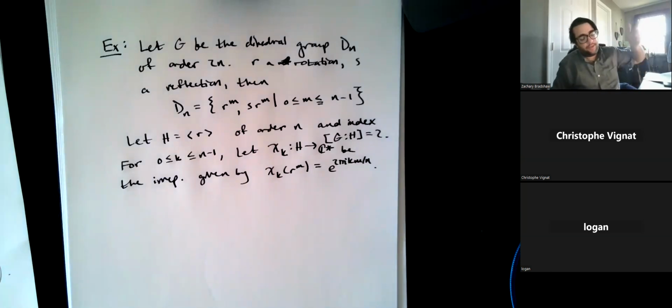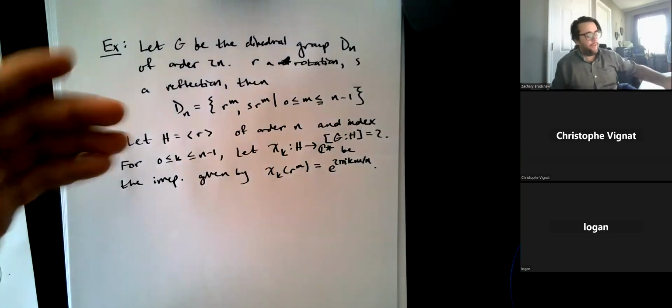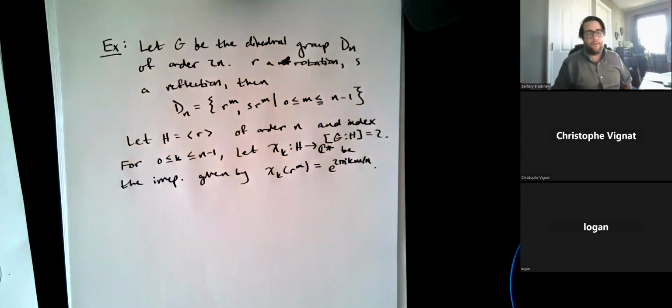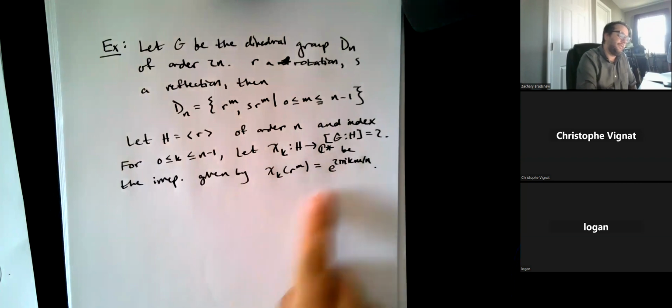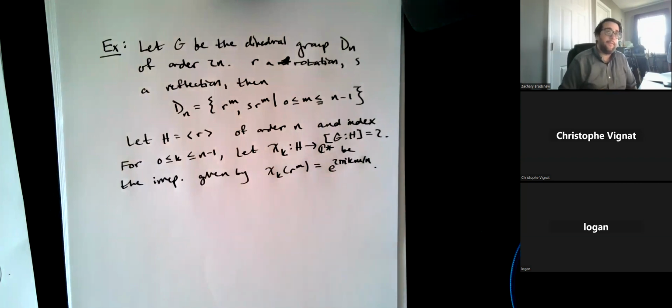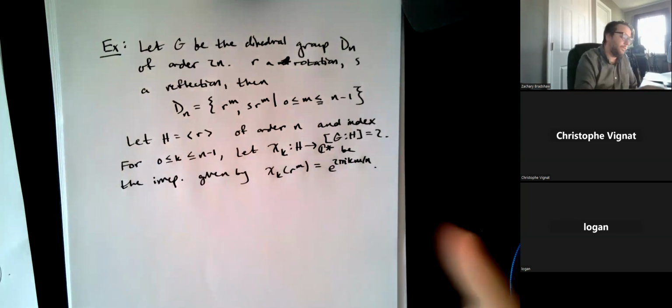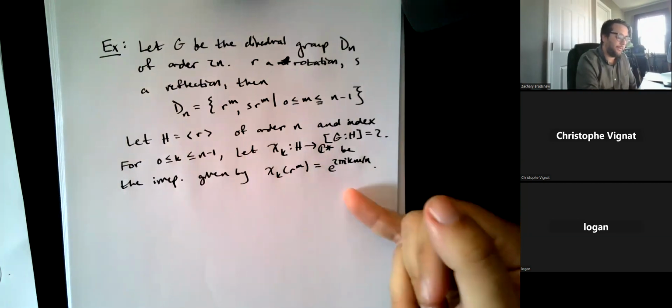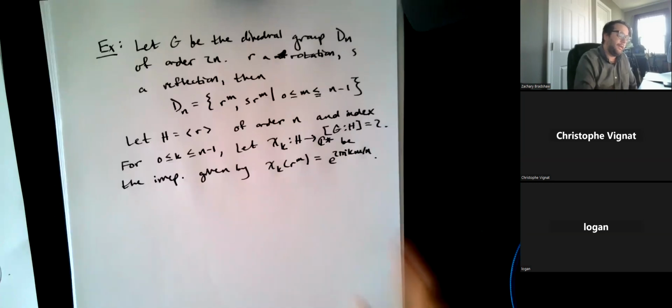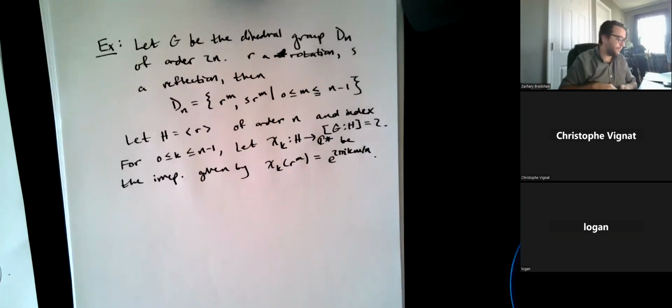Remember, abelian groups, which a cyclic group definitely is, are very easy. Their irreducible representations are given by these characters; the character is the same thing as the representation when the dimension is 1. For abelian groups, the representation theory is very simple, and we have this character given by the roots of unity.